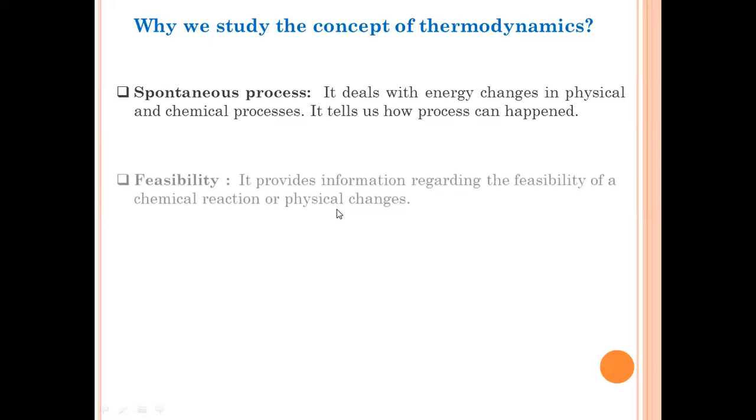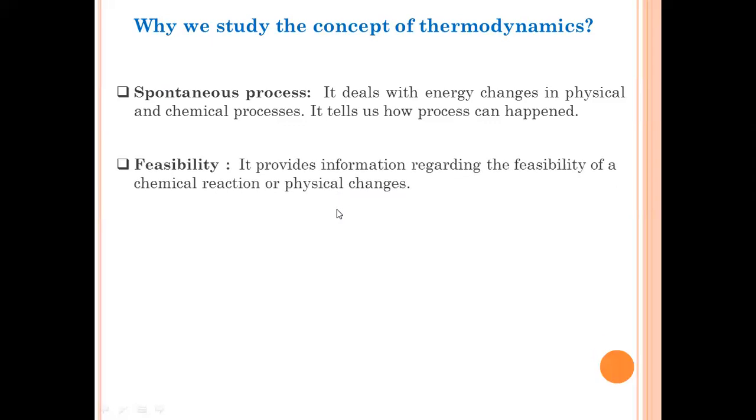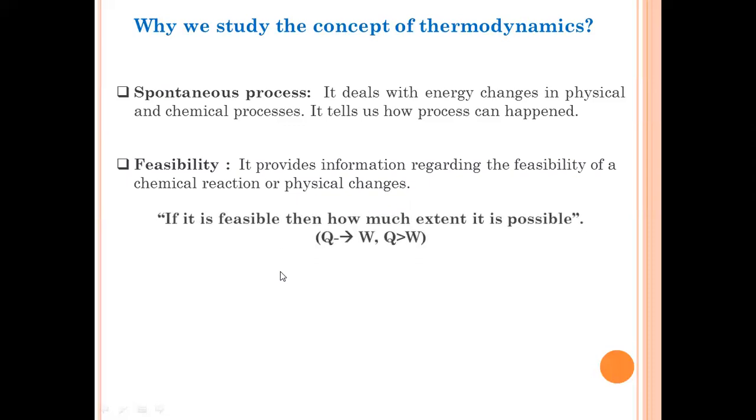The second reason is feasibility. It provides information regarding the feasibility of a chemical reaction or physical change. If a certain process is feasible, then to what extent is it possible? Now let us take one example.